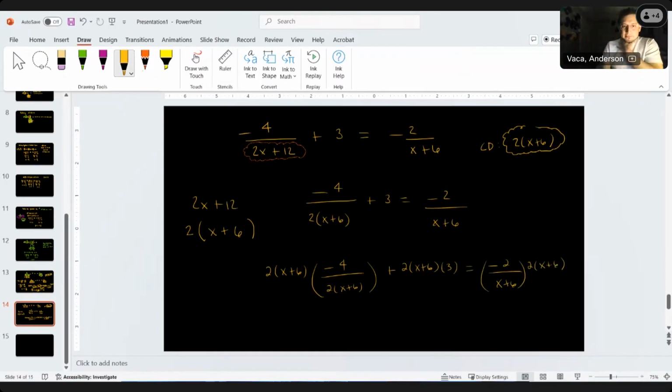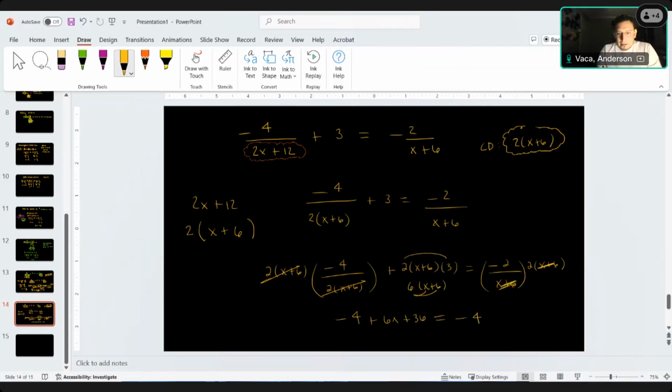And then we notice that this entire quantity gets canceled with that entire quantity, so we get negative 4. Here we get 2 times 3 is 6. And then we do distribution and we get 6x plus 36 is equal to, here the x plus 6 is gone, and we get negative 4.